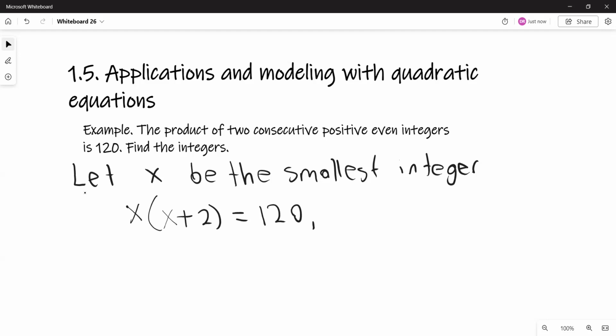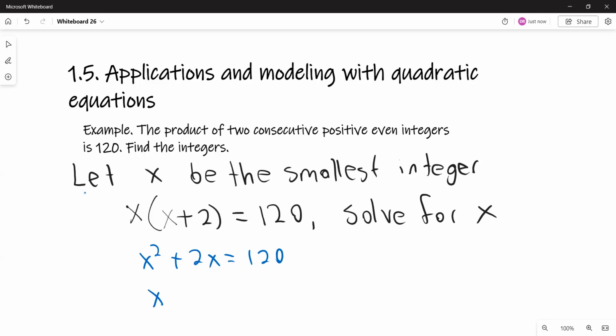So we're going to solve this equation for x. First, we need to write the equation in standard form. So x squared plus 2x equals 120. Or x squared plus 2x minus 120 is 0.